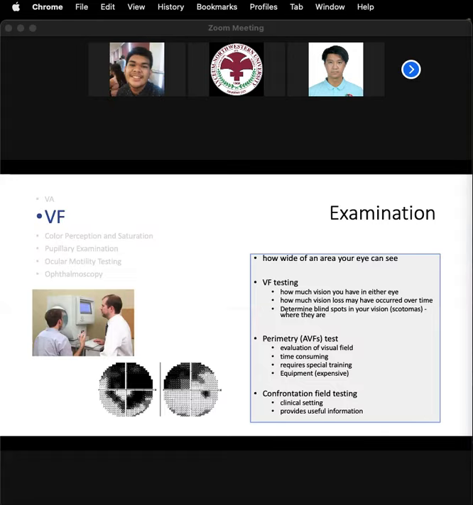This is the more accurate way to check for visual field defects, although it can be time consuming, and it requires special training to operate the perimetry machine. And of course, the equipment is expensive. It costs around 1 million.